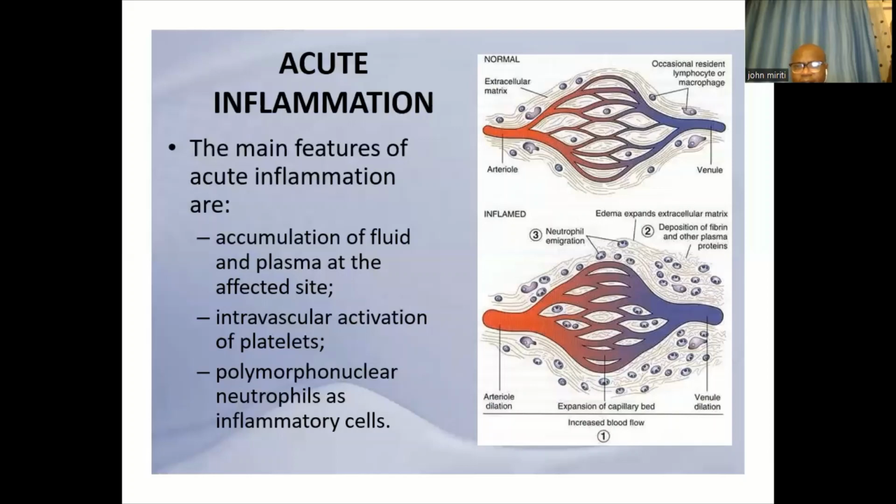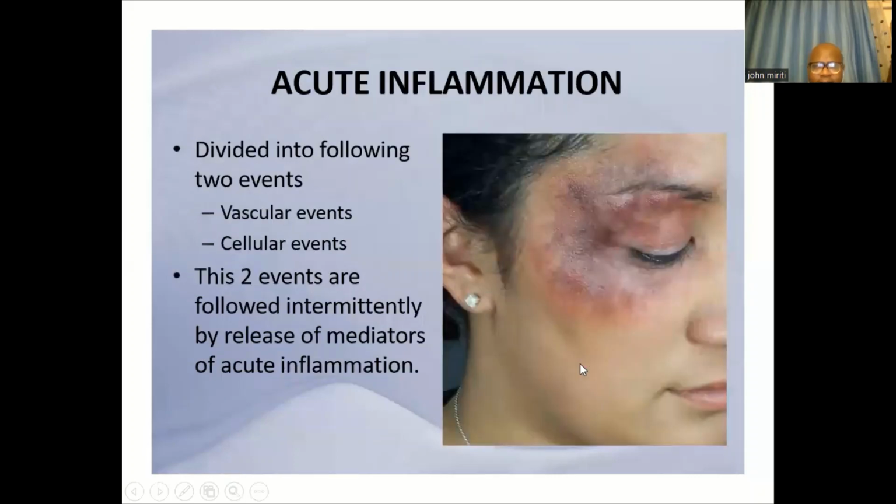Then you can see there is deposition of fibrin and other plasma proteins at the site, so that the process of repair can start taking place.